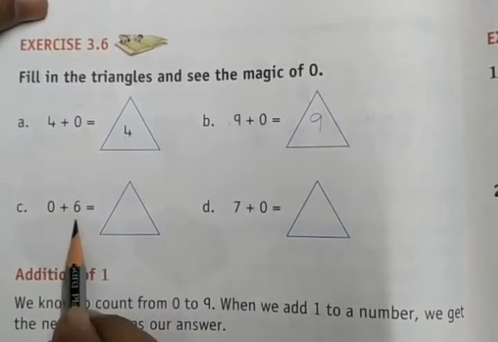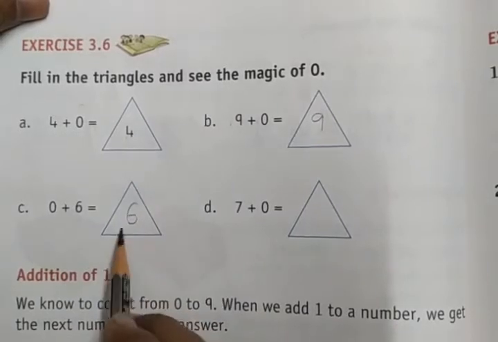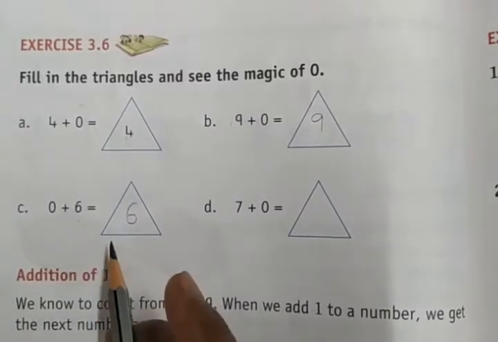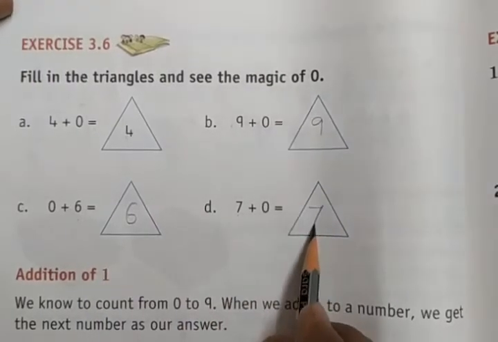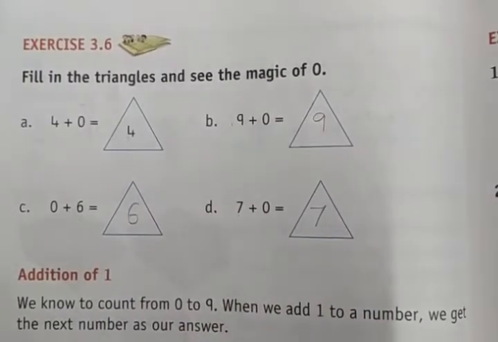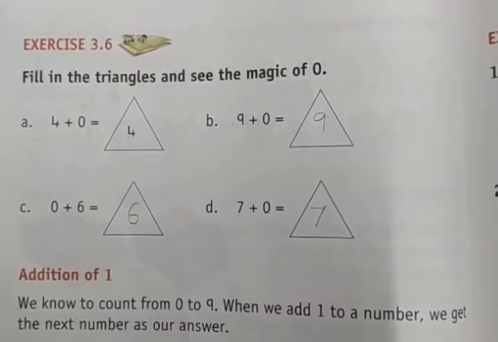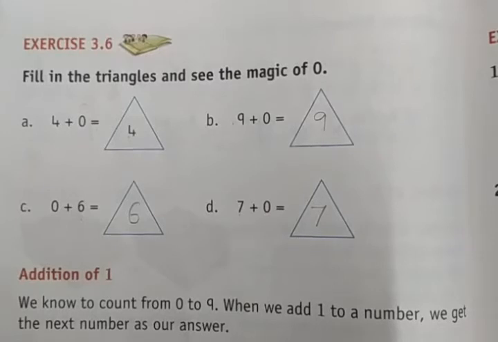Right? 0 plus 6, 6 only. It means 0 added to any number will give you the number itself. Right? 7 plus 0, 7 only. This is how if you add 0 to any number, it gives you the number itself, right?